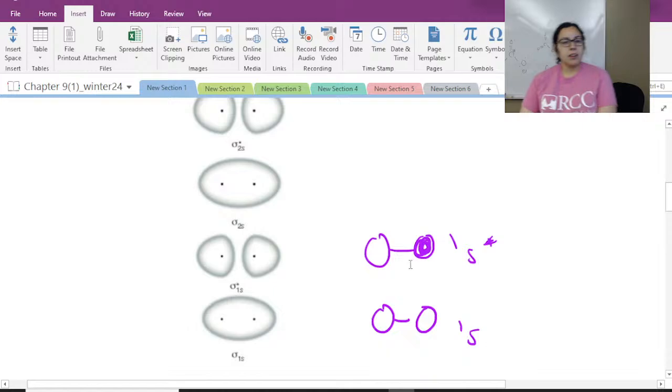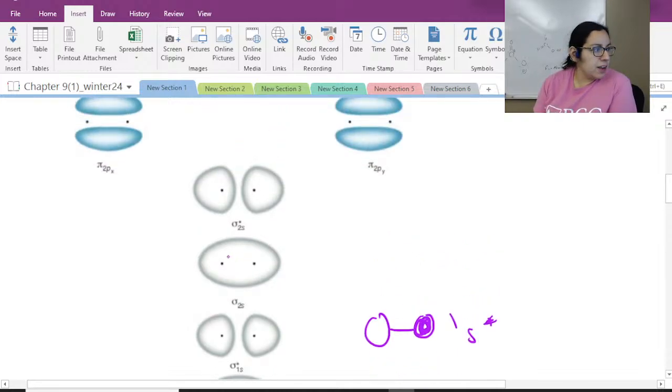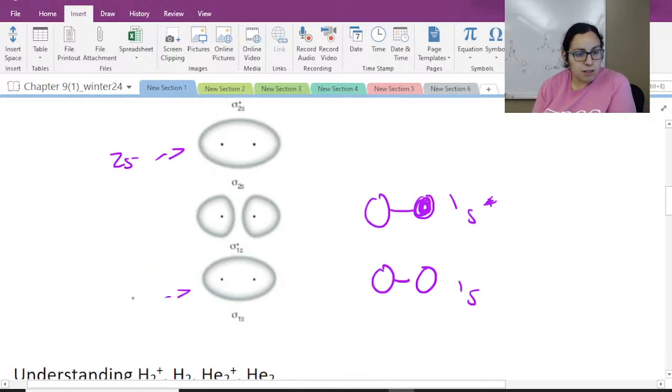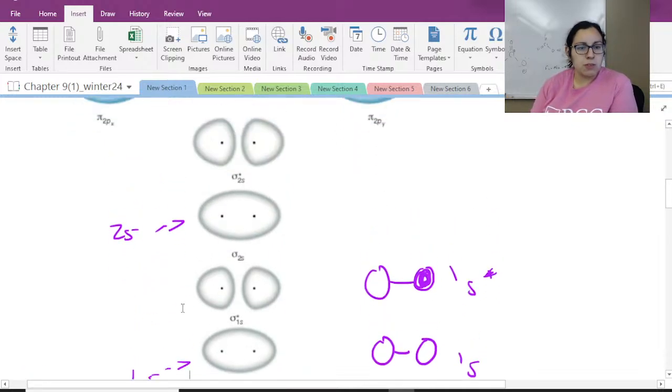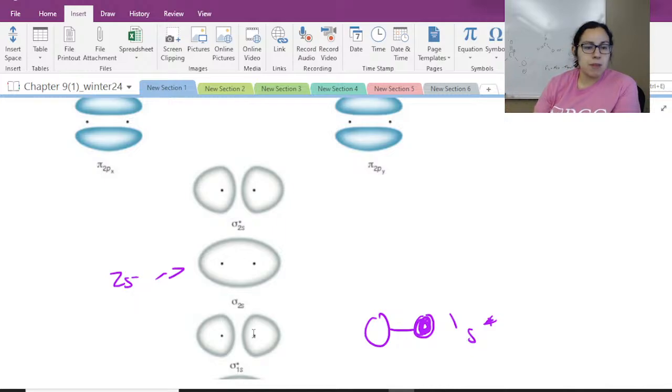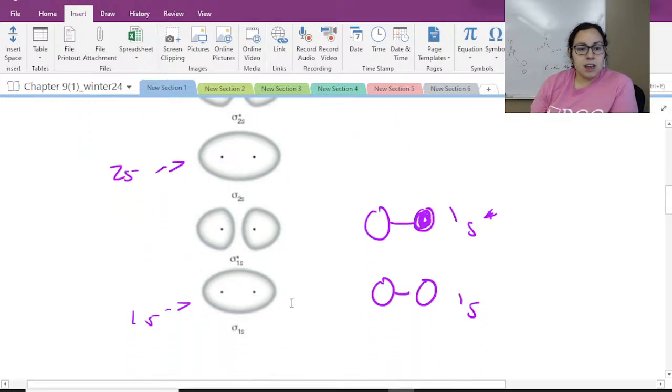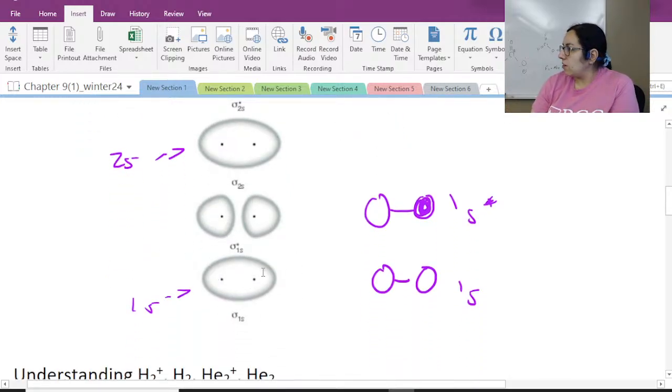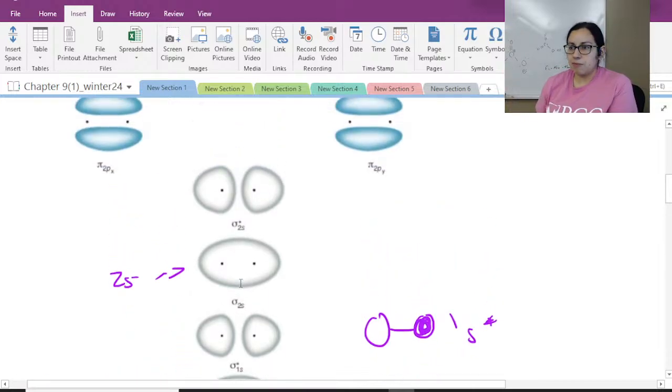And now what it's showing here is that we've gone to the 2s. So just note that, it's showing all your orbitals. Once we go to the second row, starting with lithium, I usually start ignoring the core electrons, your 1s, so you're not drawing in all these things all the time.